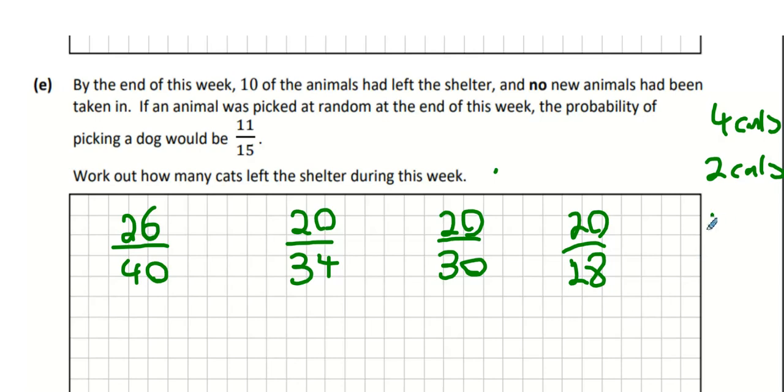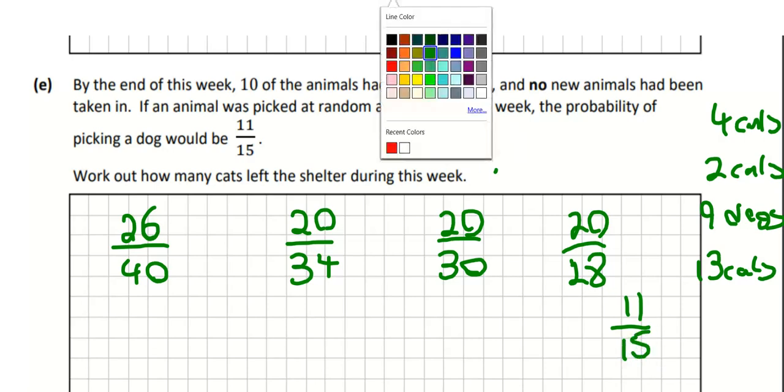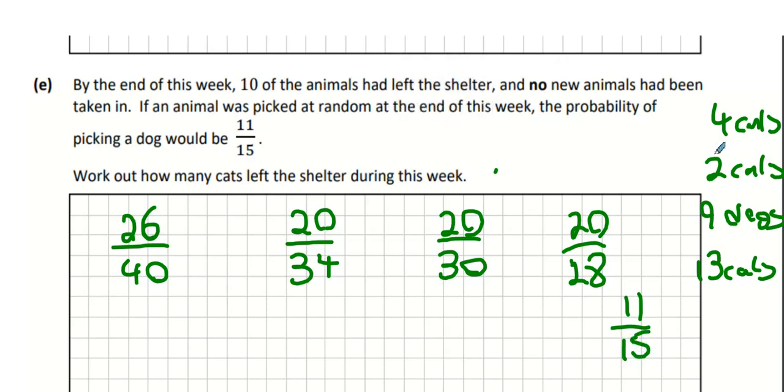What happens if I take out another 9 dogs? I'll have 11, won't I? And if I take out another 13 cats, how many cats did I take out in total? 4 cats, 2 cats, and 13 cats. Yeah, I took out 19 cats.